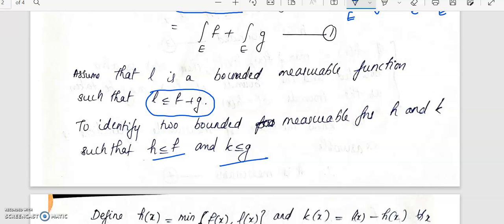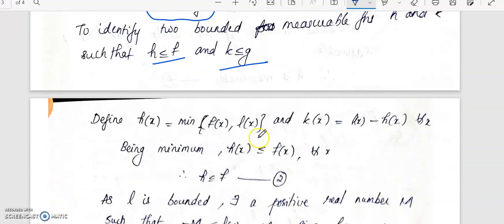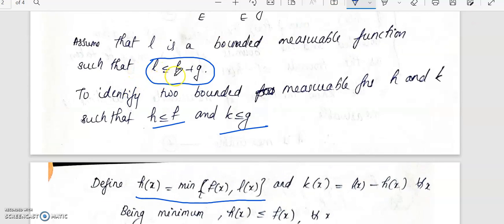Now for proving the other way, let us take L, an arbitrary bounded measurable function such that L is less than or equal to f plus g. So we need to now define h and k.